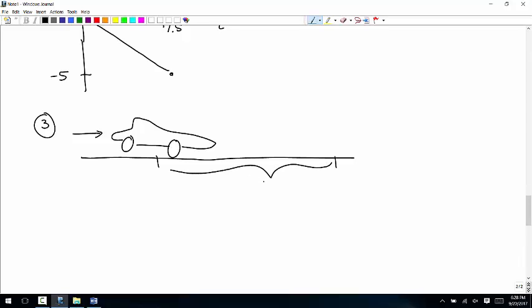So this is what we want to find, the distance. Here it's at rest. Here it's at 50 miles per hour. And the elapsed time is 0.10 minutes.